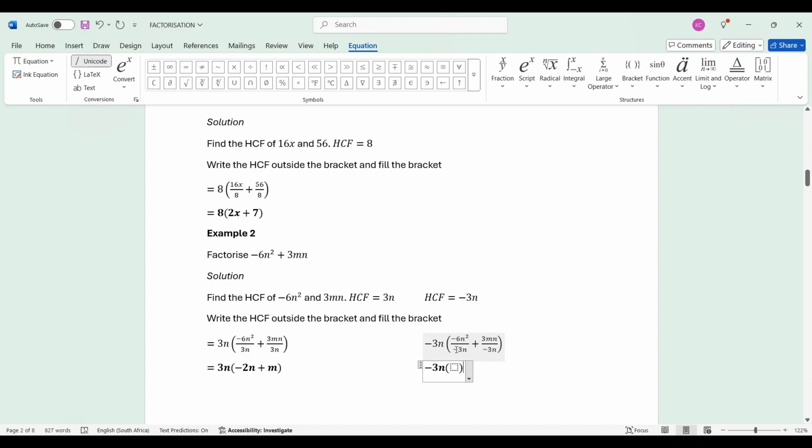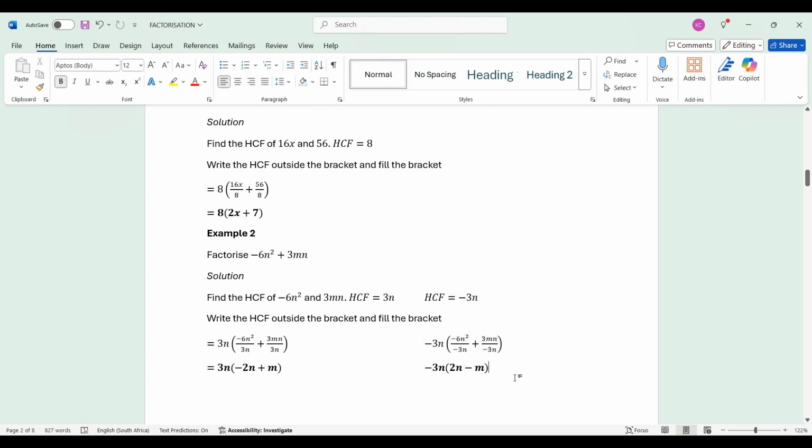Negative divided by negative, we get a positive. So it becomes a positive 2n. Then here we are having a positive which is being divided by a negative. We get a negative. Then the 3 and the 3 will cancel out, the n and the n will cancel out to get negative 3m. That's the alternative. Thank you.